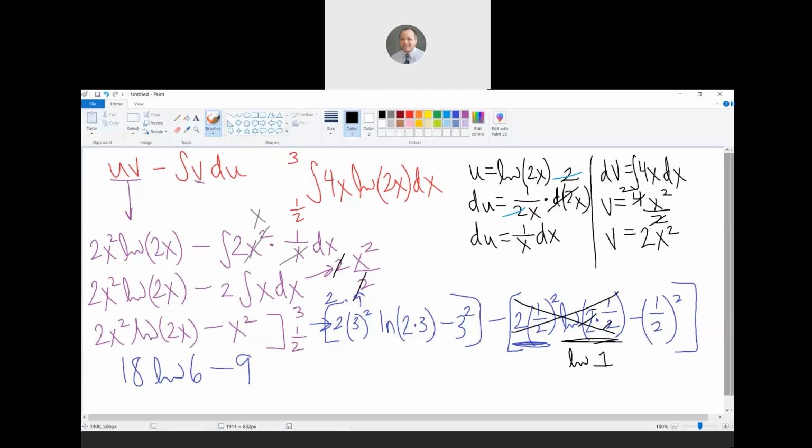So this whole entire part that I just crossed out is 0. Minus 1/4. We have the negative sign from our fundamental theorem, so our double negatives change to one positive, 1/4.